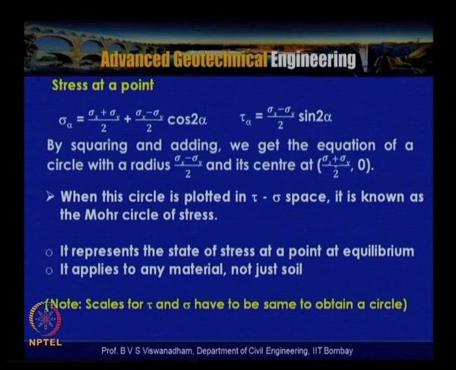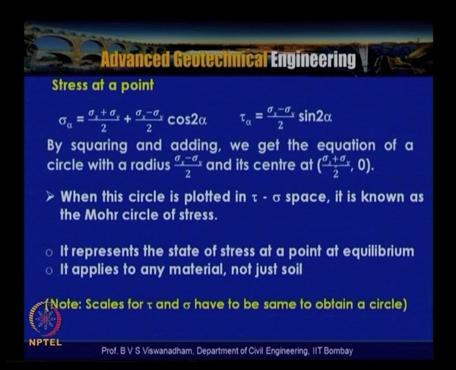Note that the scales for tau and sigma have to be the same to obtain a circle. From the derivation, we have obtained sigma alpha and tau alpha in terms of sigma x, sigma y and alpha, and by squaring and adding we have got an equation representing a circle, with a radius of sigma x minus sigma y by 2.